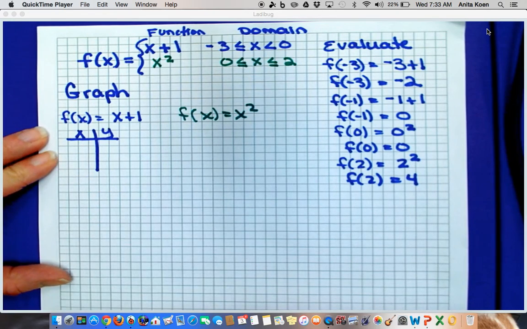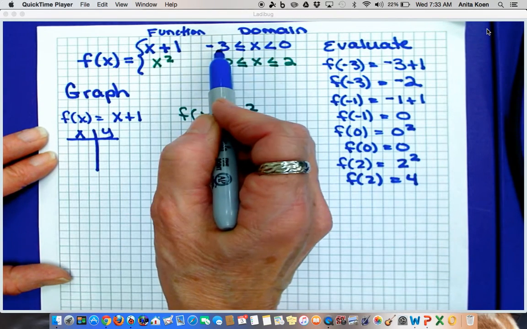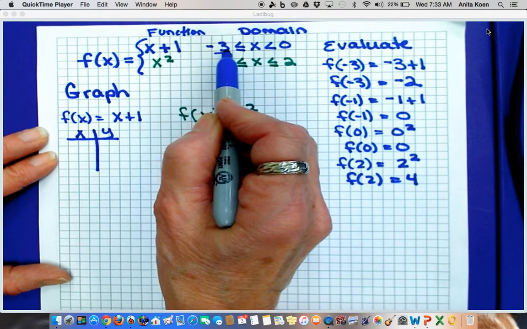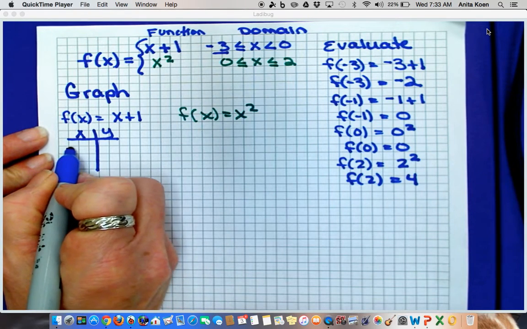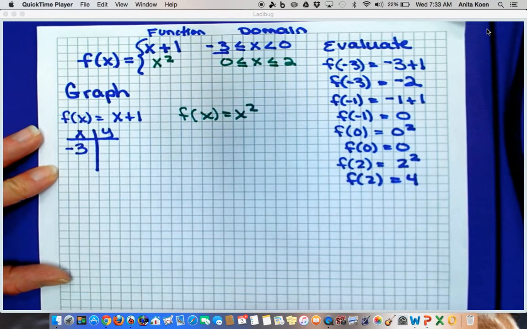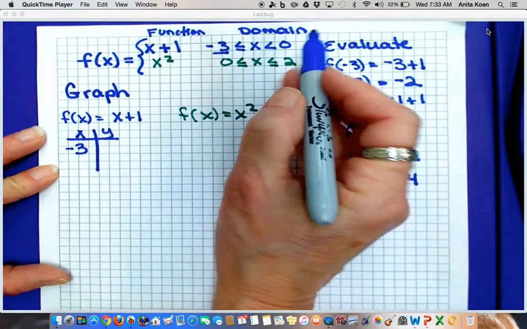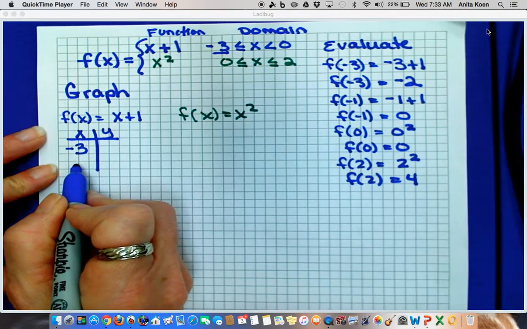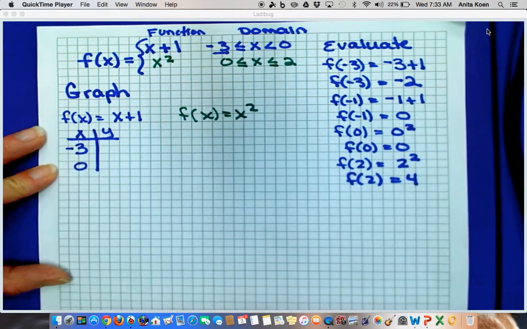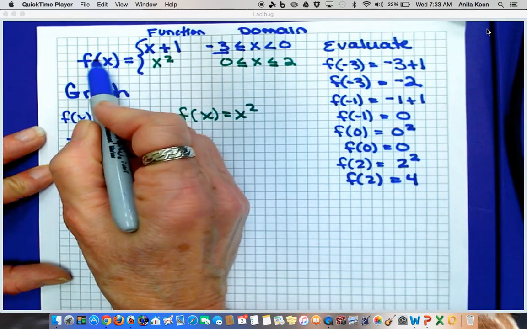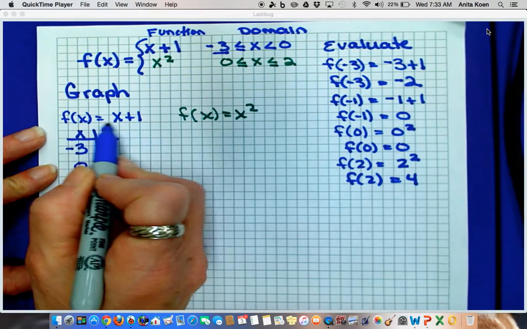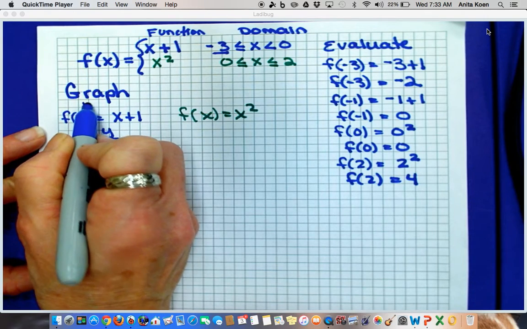All right. So the first thing that you do is you always graph your boundary points. For x plus 1, -3 is the lower boundary, so I'm always going to put -3 on the graph. 0 is the upper boundary, so I'm always going to put 0 on the graph. This function is a linear function. F of x equals x plus 1 is a line.